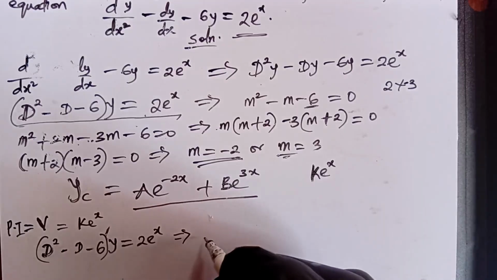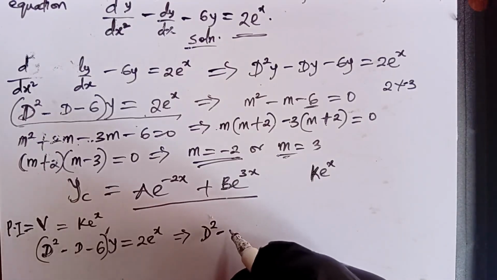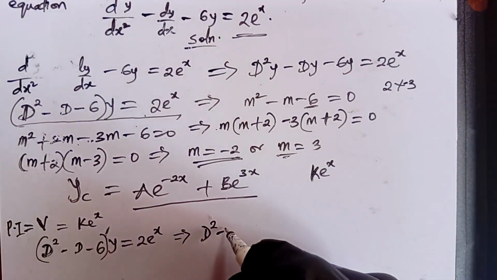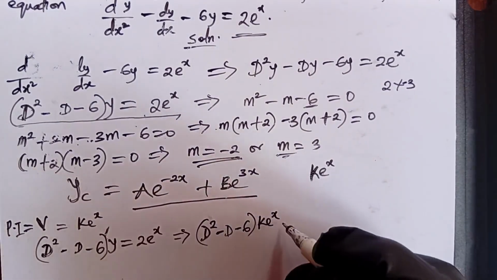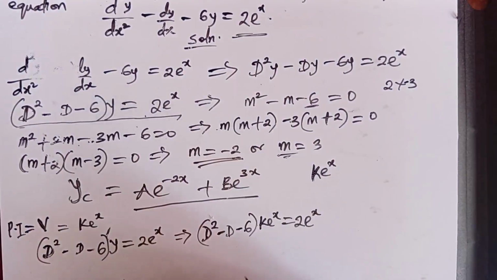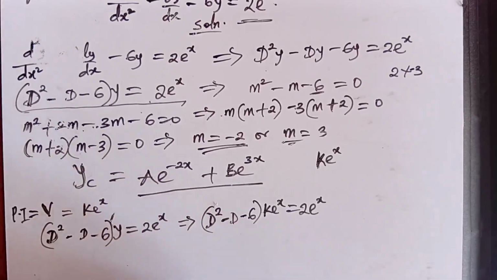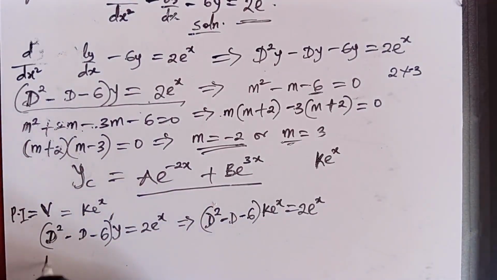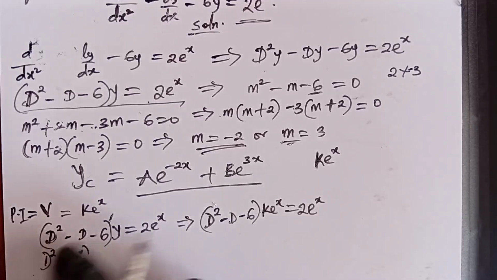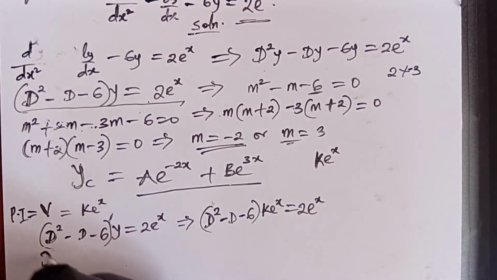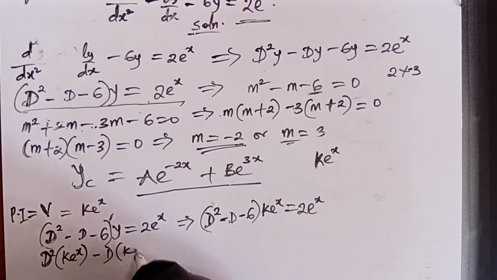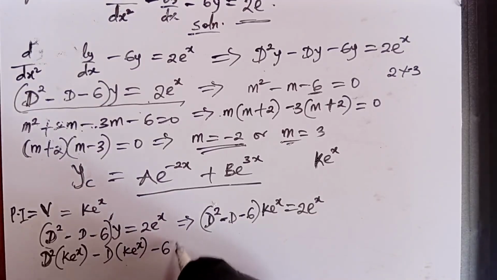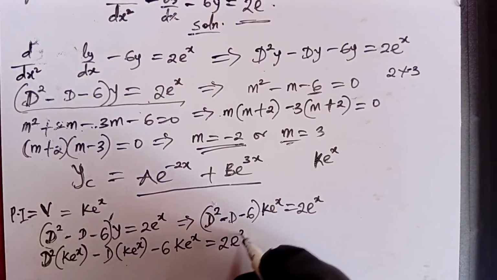So we have D squared minus D minus 6 into k e to the x equals 2e to the x. Let's expand our bracket. This is D squared into k e to the x minus D into k e to the x minus 6 times k e to the x equals 2e to the x.